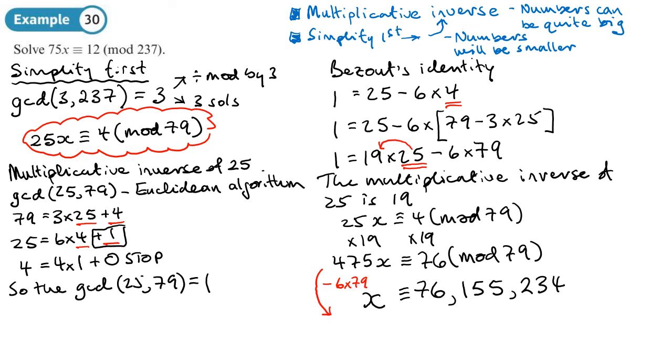So there we go, they would be our 3 solutions under modulus 237, because that's the original question. Or you could just give the answer as 76 mod 79. So you need to give one or the other: either x equals 76 mod 79, or these 3 numbers mod 237.